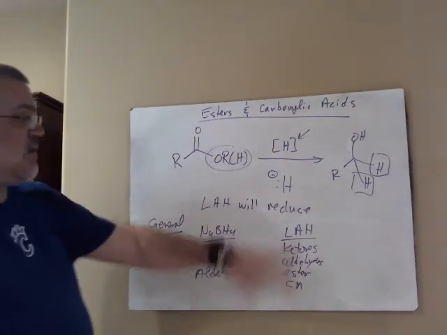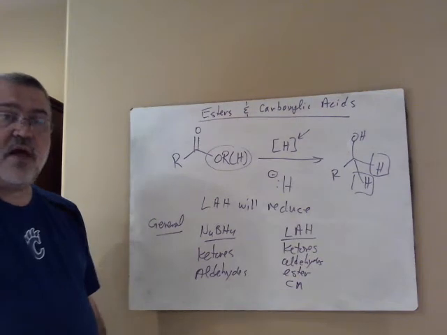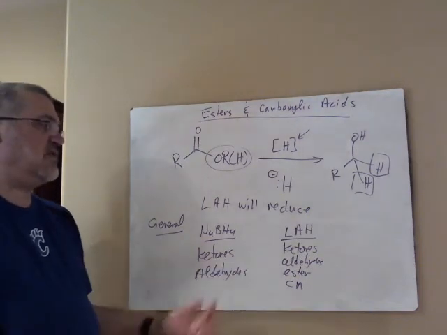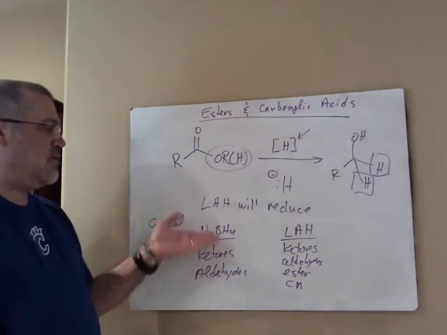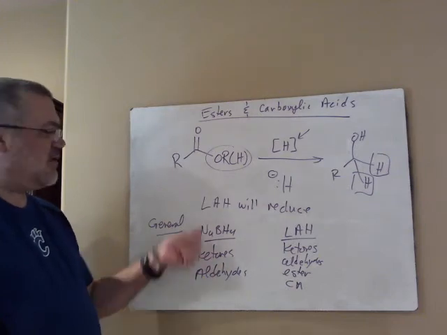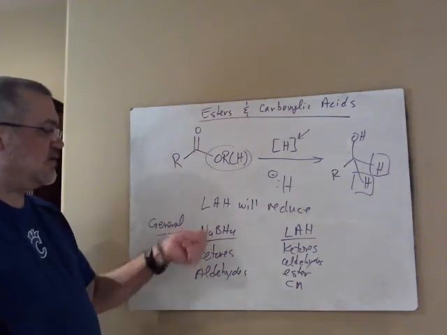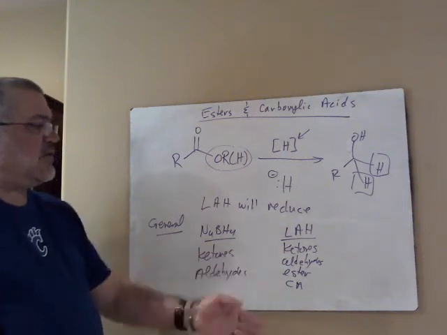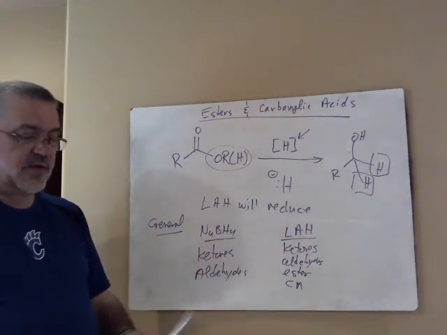Okay, and so LAH is a little more versatile, but again, we said, if you're actually in the lab doing the reduction, sodium borohydride is much easier to use, so more commonly you'll see it used for aldehydes and ketones, whereas LAH you'll see for esters and carboxylic acids.